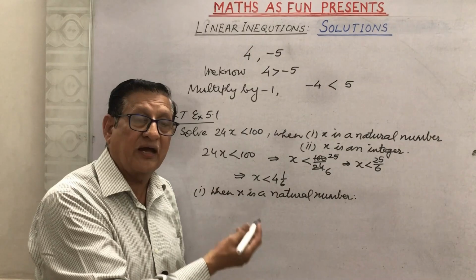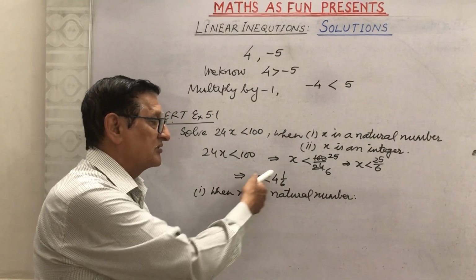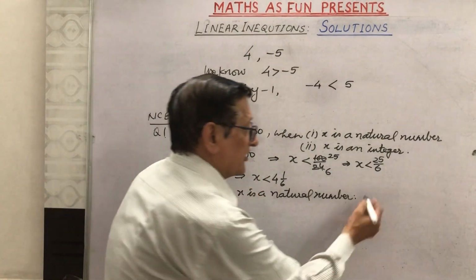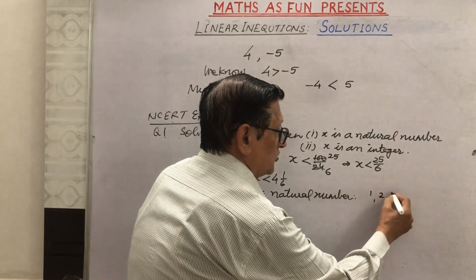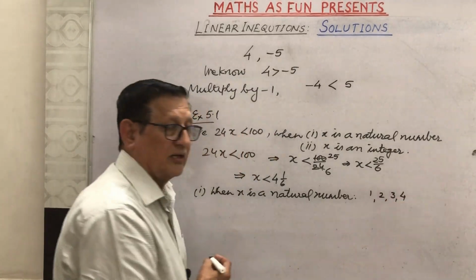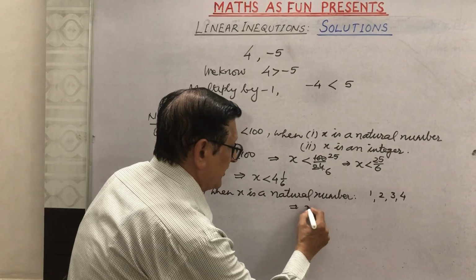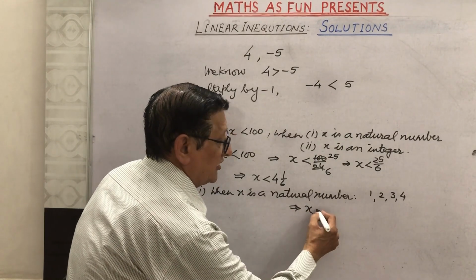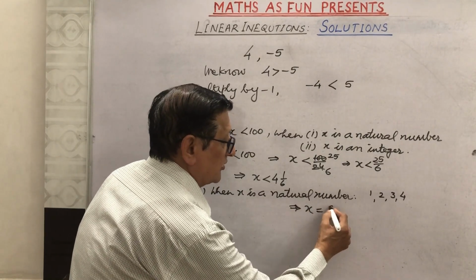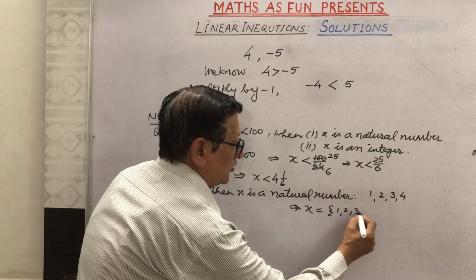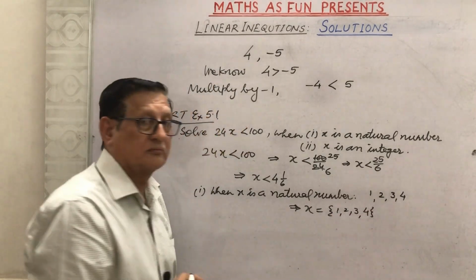What are the numbers x which are less than 4 1/6 and are natural numbers? They are 1, 2, 3 and 4 only. It means x takes all the values equal to 1, 2, 3 and 4.